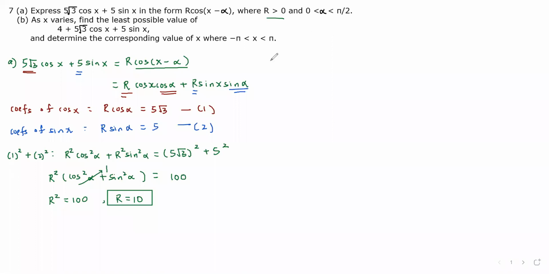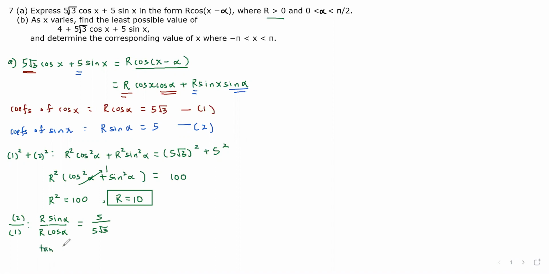To find the value of alpha, we can divide equation number 2 by equation number 1, so that we have sin alpha over cos alpha, which is 5 over 5 root 3. We actually have r here, but they cancel off.